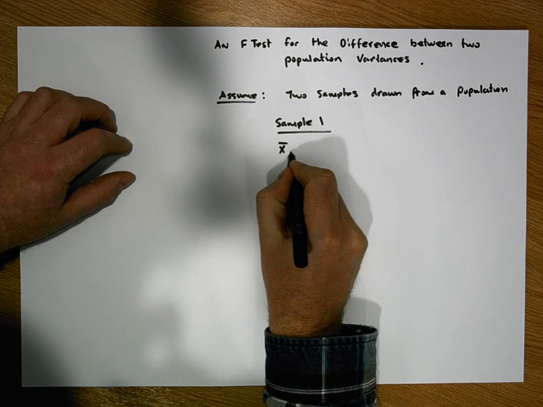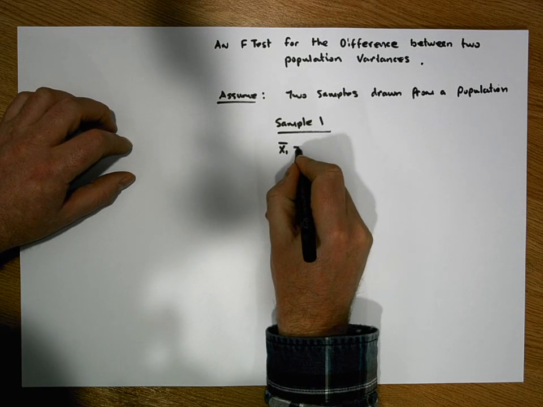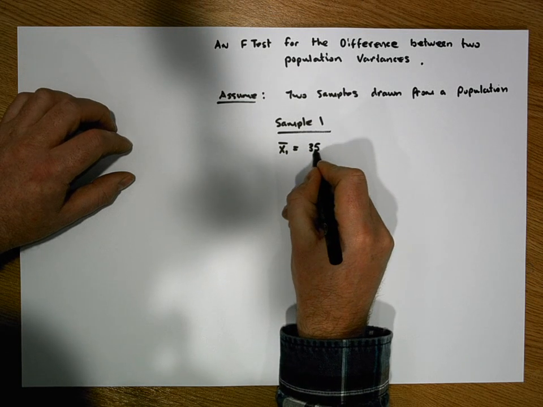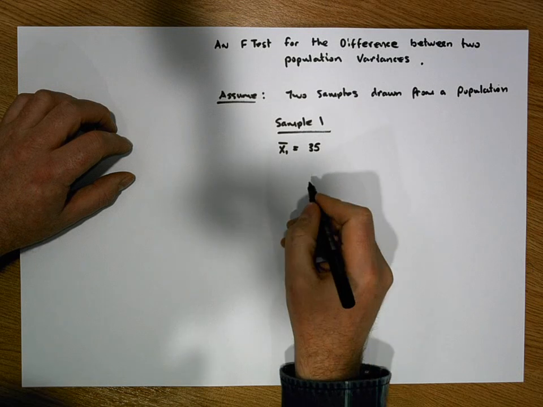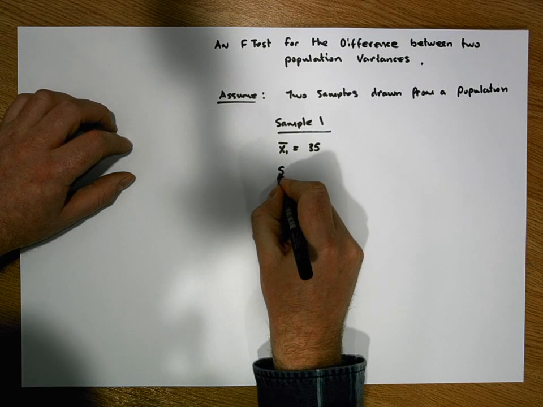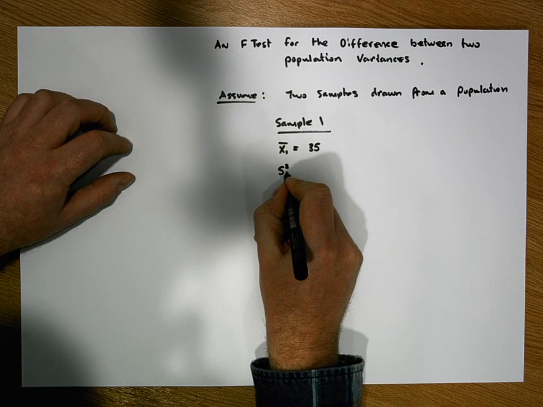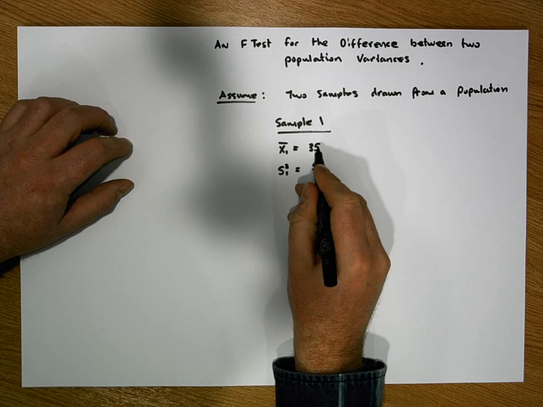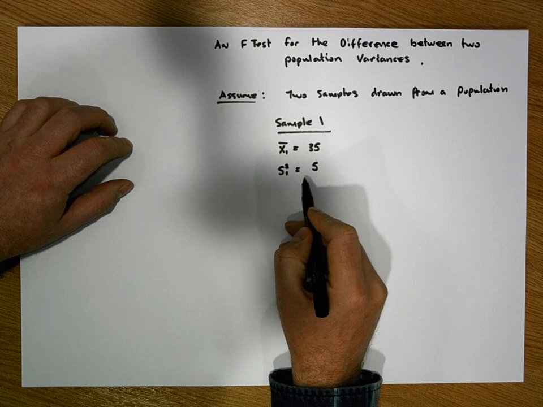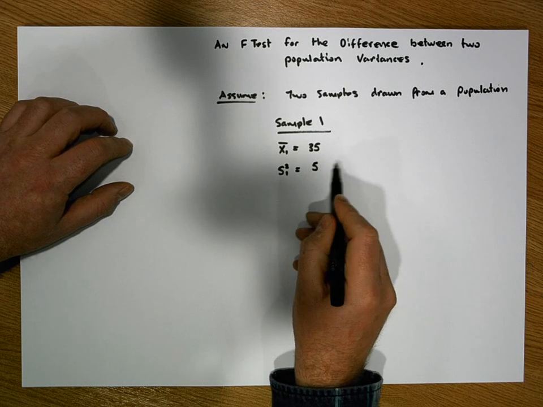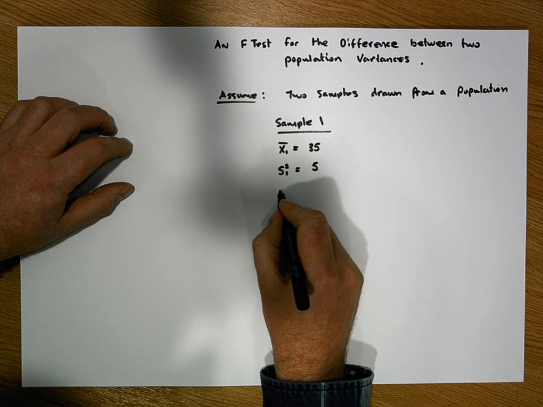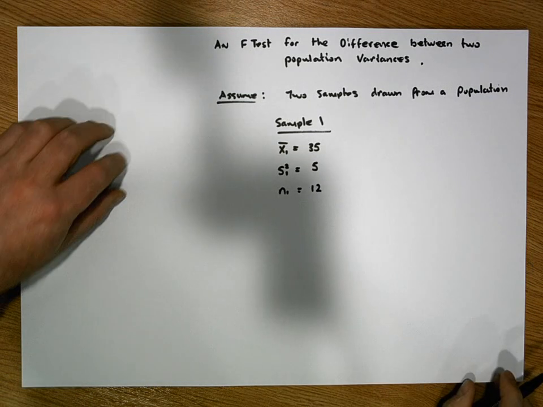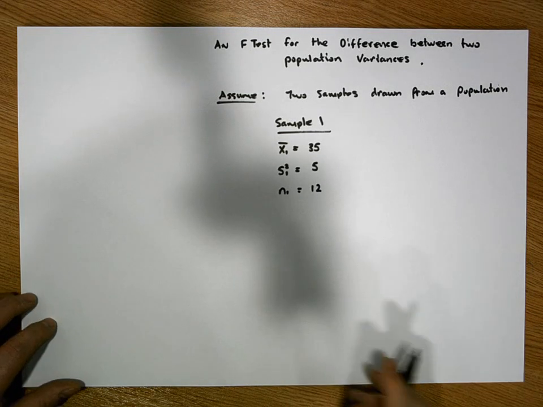The sample mean, x bar 1, is equal to 35. The average spend of students was €35. And let's say that the sample variance, s squared 1, is equal to 5. In other words, the variance is €5 on average, or the standard deviation is the square root of 5. And let's say the sample size for our first sample was 12 people. Those are the characteristics of our first sample.